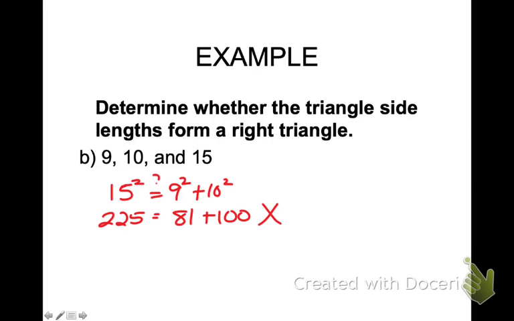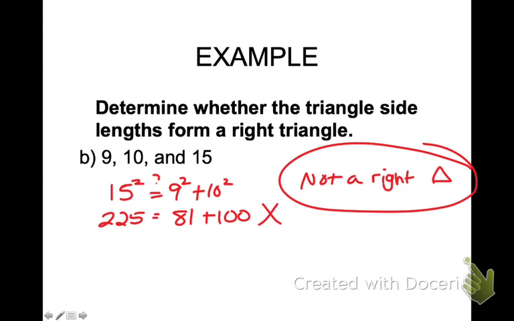No. So is it a right triangle? No, not a right triangle. So if it's not a right triangle, what else could it be? It could be acute or obtuse, right?